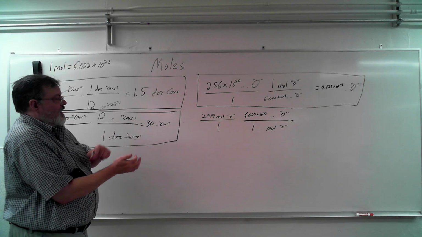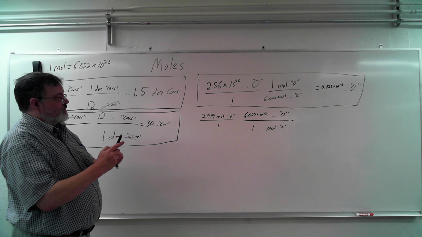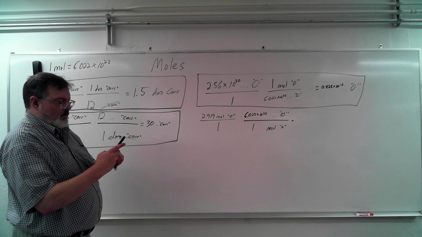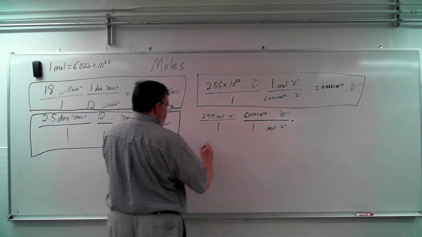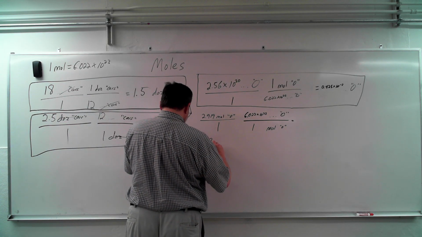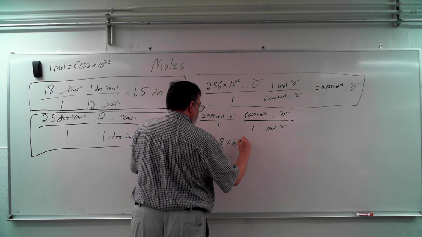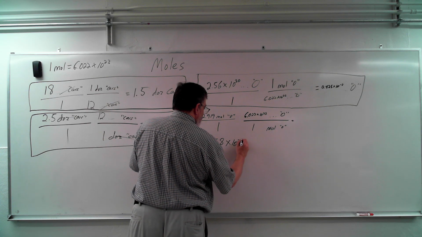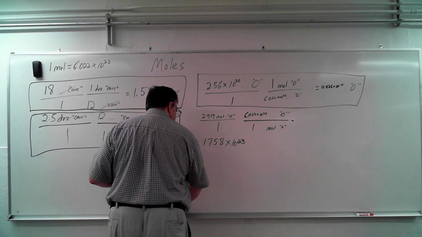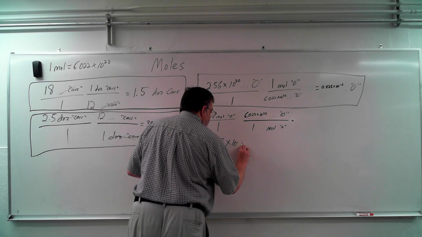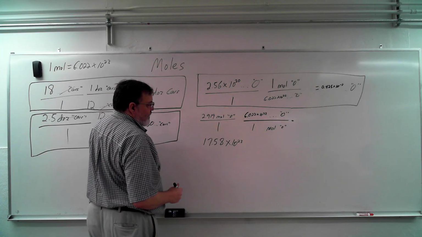So 2.919 times 6.022. Calculator says 17.58. 4 significant figures. And then I'm going to tack on the 10 to the 23.